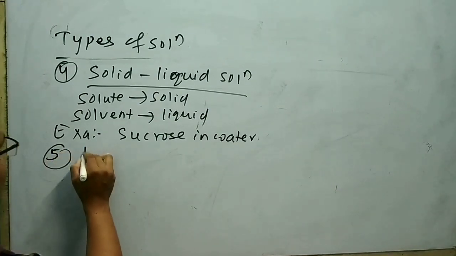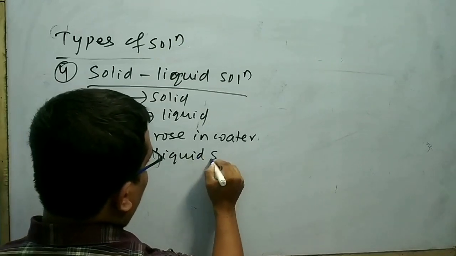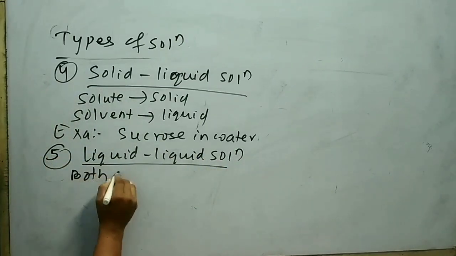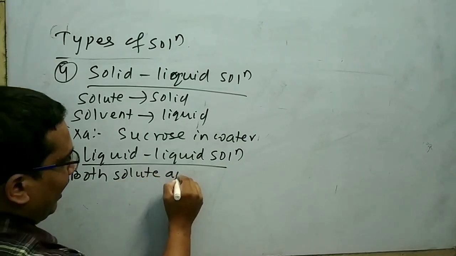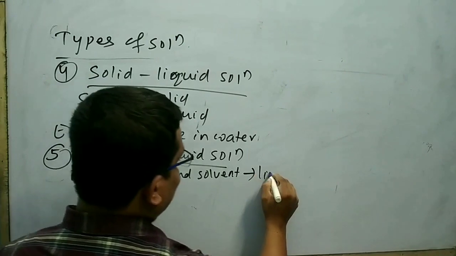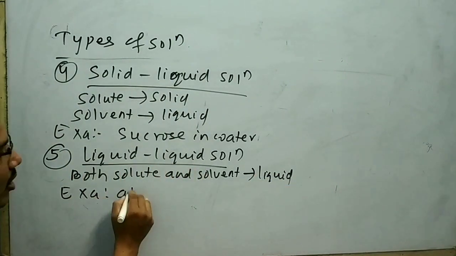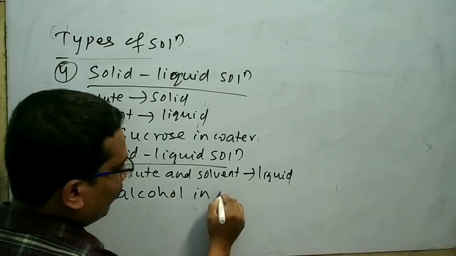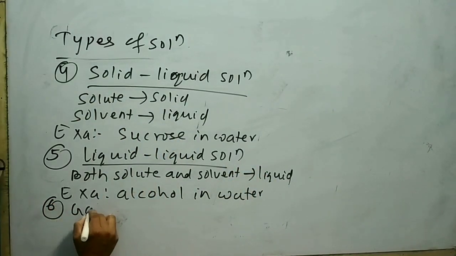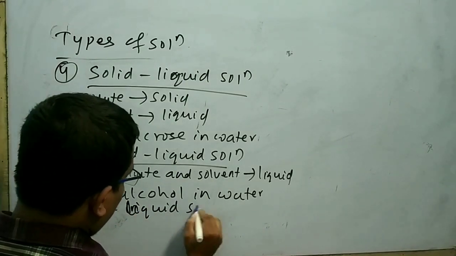Next is your liquid liquid solution. In this case, both solute and solvent are present in liquid state. Example is your alcohol in water. Next is your gas liquid solution.